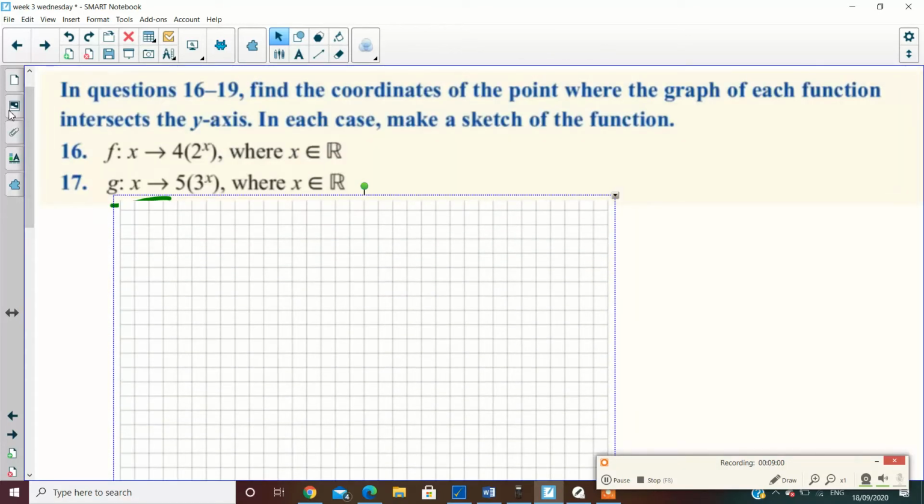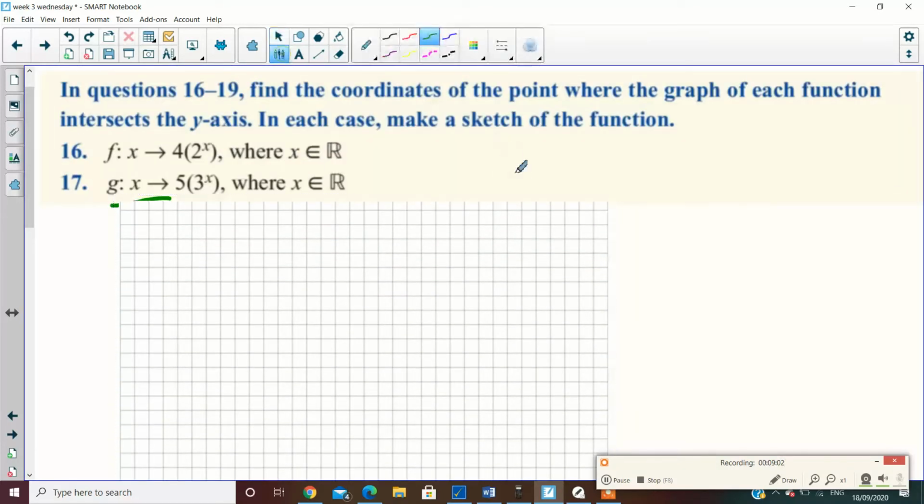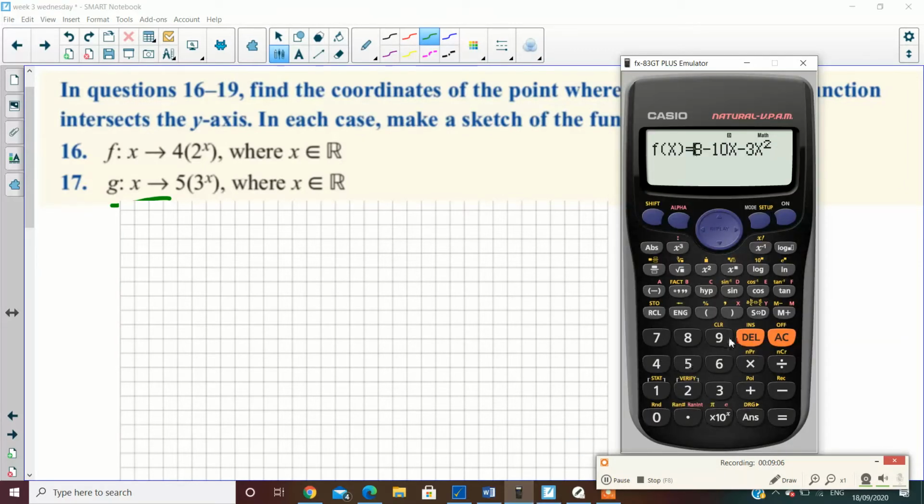All right. So, put it into your calculator. It doesn't cross the x-axis, so it's hard to choose what point you're going to use. So just pick a couple of them. Don't use too many. Just enough so you get the gist of the graph.